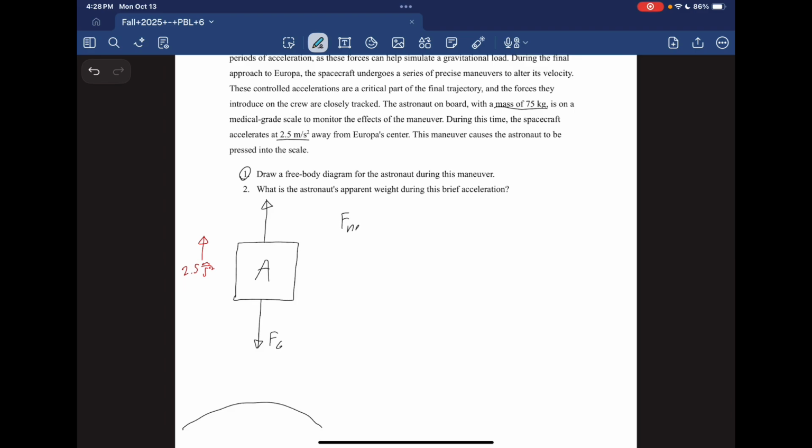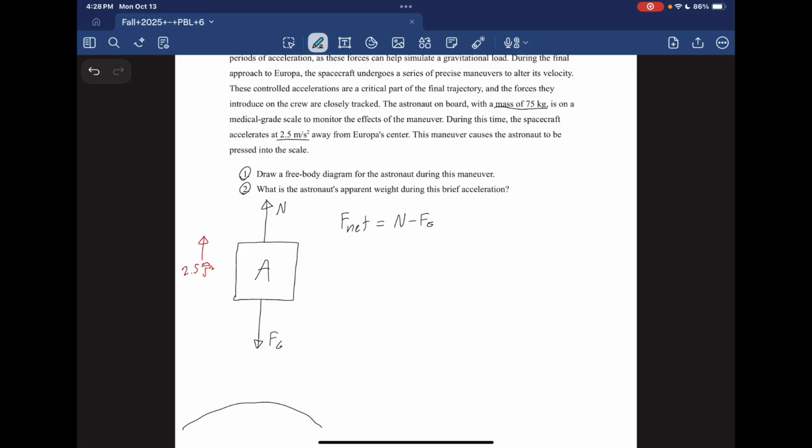So we can say that the net force, so this is solving question 2 now. What is the astronaut's apparent weight? The net force is equal to the normal force from pressing on the scale minus the force of gravity. And we can't just say that they're equal to each other, because if they are, then the net force is 0.